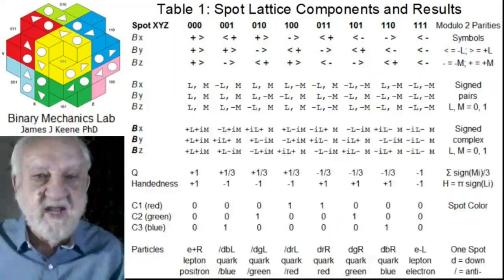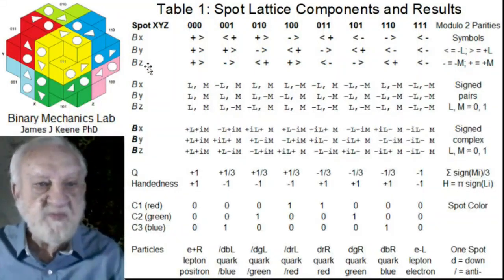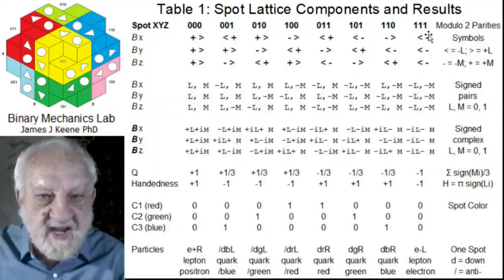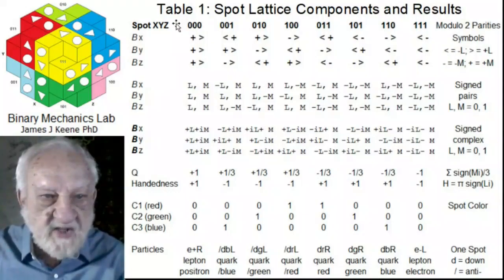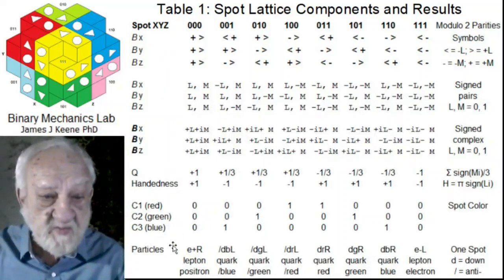Let's look at this table. Here's our bit function for the X, Y, and Z dimensions of our space. There are the 8 types of spots, which are the modulo 2 parities of each of these spot units. Each of these spots corresponds to an elementary particle, shown down here in the lower left.